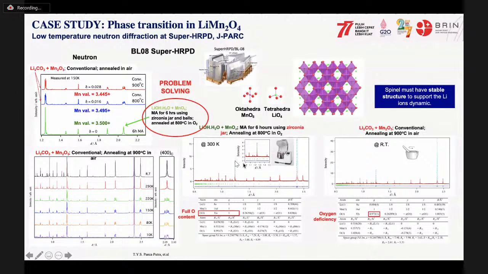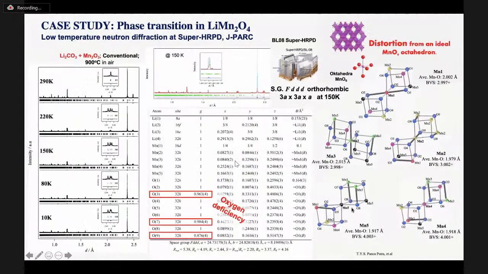So for the stoichiometric material, we found that the oxygen occupancy here is full. But for this sample, we found some oxygen deficiency here. And when we studied it using low temperature neutron diffraction, we can see that manganese here can be grouped into two groups, with a low bond valence sum and a higher bond valence sum.